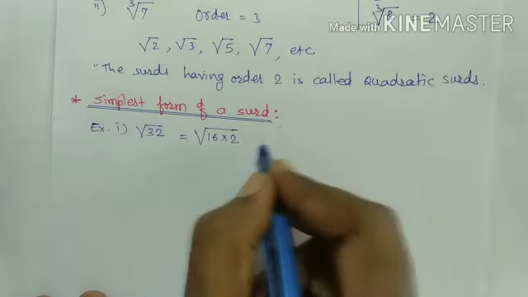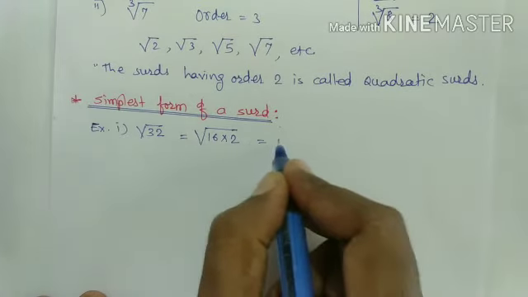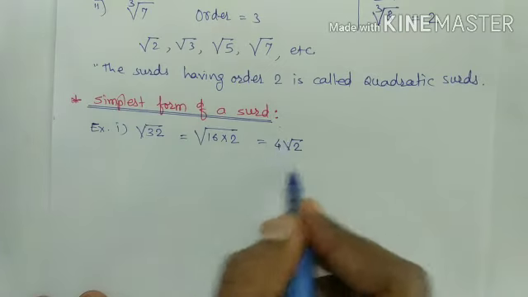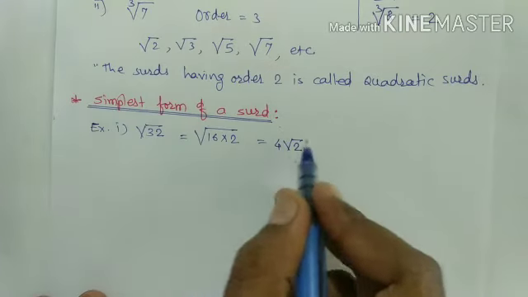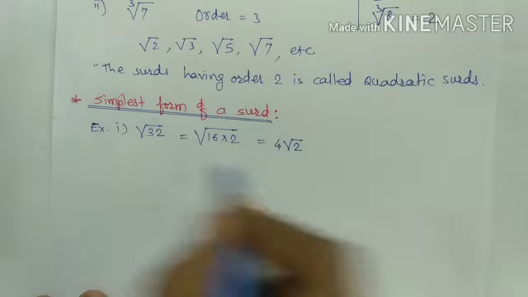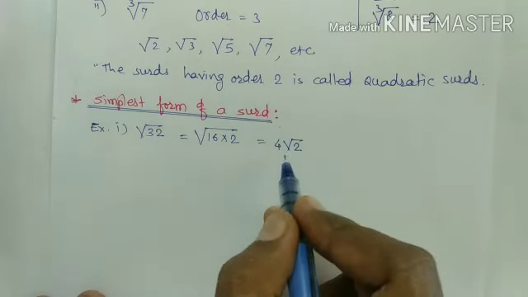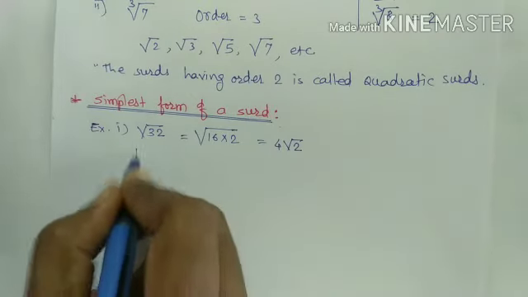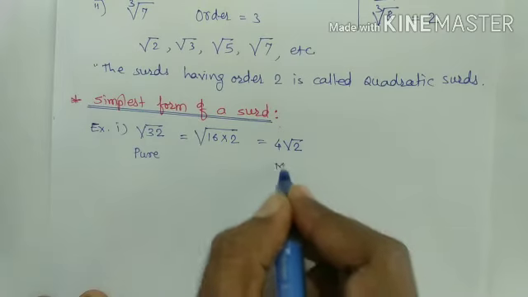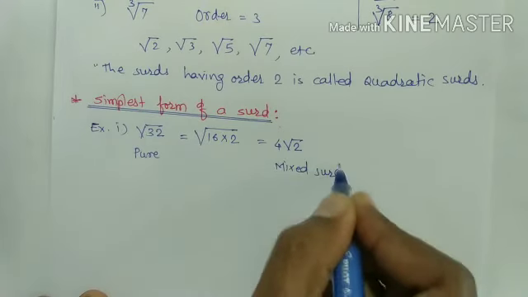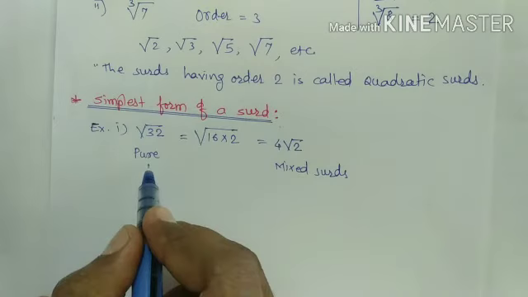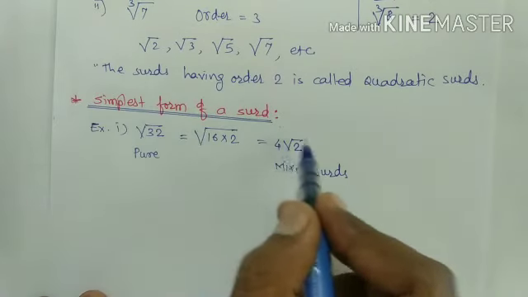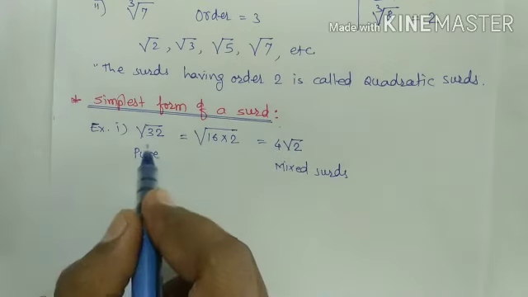This is 16 into 2, so we can write this as 4 root 2. This is the simplest form of this surd. आता याच्यापेक्षा आपल्याला सिम्प्लिफाय करता येत नाही, त्यामुळे हा या सर्डचा सिम्पलेस्ट फॉर्म आहे. It is also called a mixed surd. This surd is called the pure surd and this surd is called the mixed surd. आता आपल्या टेक्स्टबुकमध्ये हे नावं नाहीत, पण याला प्युअर सर्ड असं म्हणतात आणि याला मिक्स्ड सर्ड असं म्हणतात. Now this is the simplified form and simplest form of this surd.